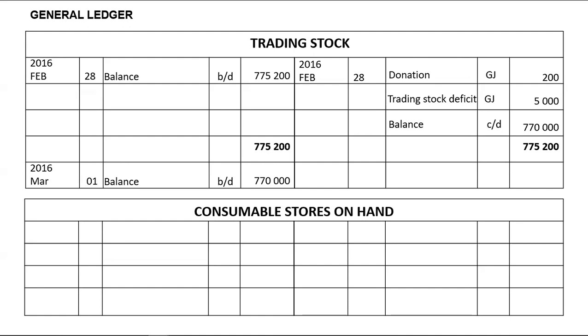Our consumable stores on hand will be made up of, remember, consumable stores on hand is an asset which represents unused expenses. Okay, those expenses, we're going to keep them as stock for this year. We will use them in the next financial year. So it is a current asset because we expect to consume it in the next financial year.